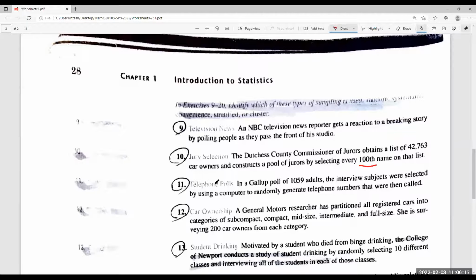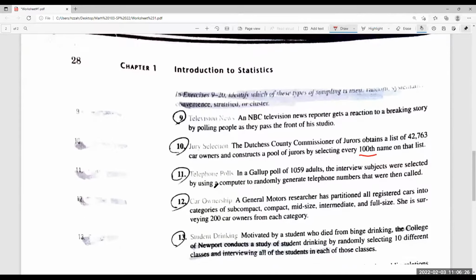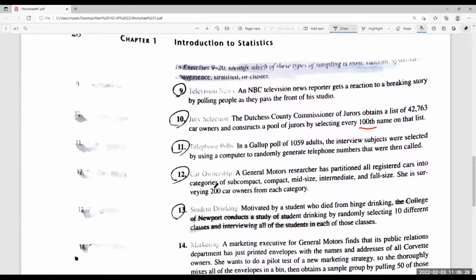Any question? So ready for the next one. In the Gallup poll of 1,059 adults, the interview subjects were selected by using a computer to randomly generate telephone numbers.